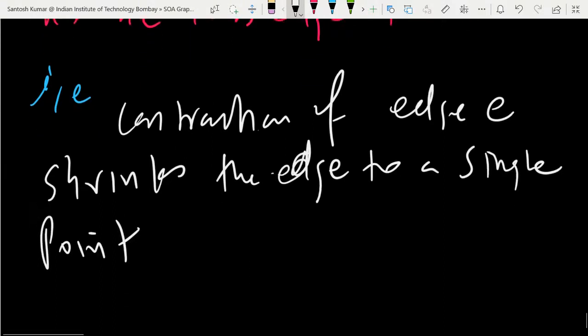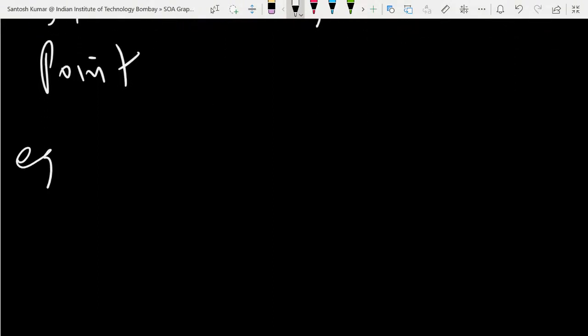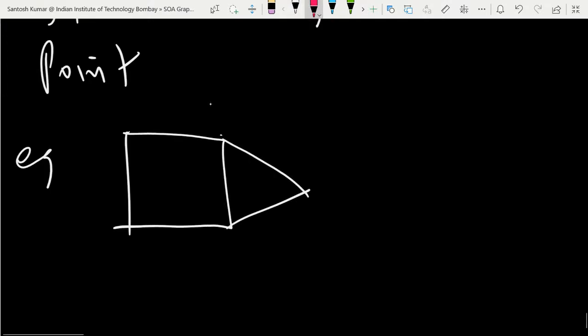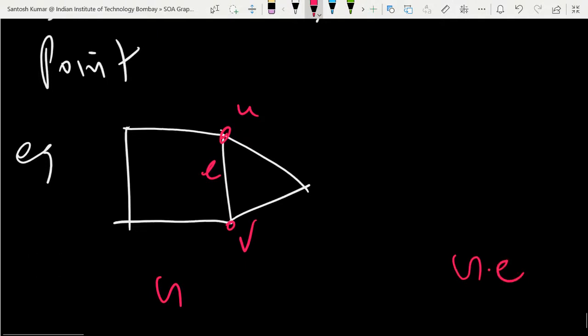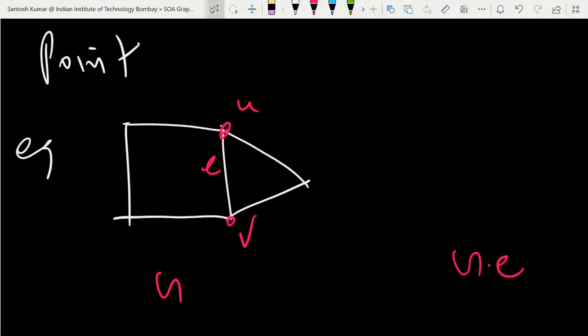For example, suppose this is a graph, and this is edge E, call it U comma V. So this is graph G. So G dot E will be what? Let me say A, B, C. A is here, B is here, C is here.